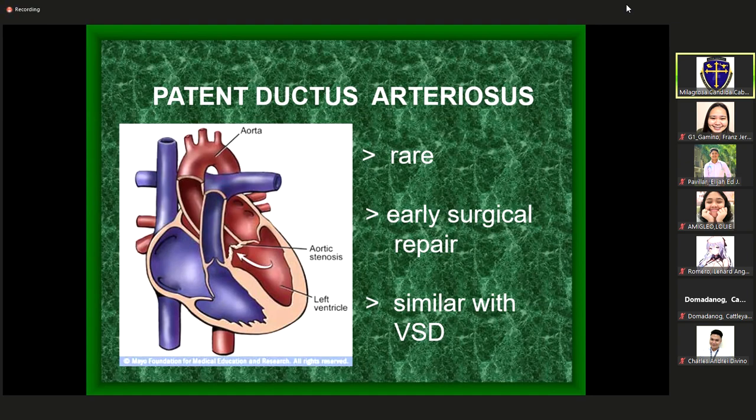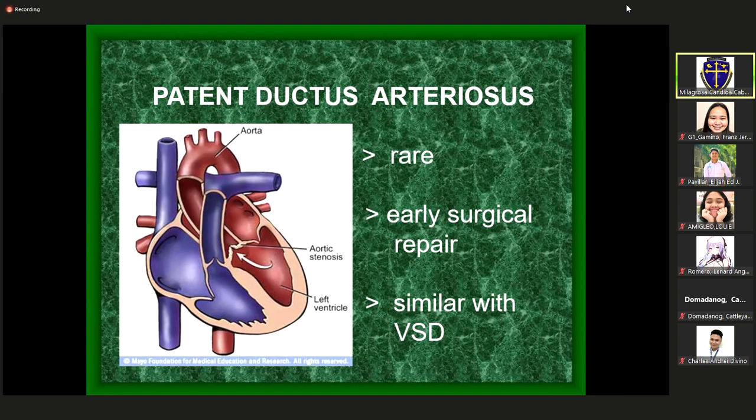But sadly, if the baby, hindi masyado umiyak, so ito po yung nangyayari: patent ductus arteriosus. It remains undetected sometimes kasi konti lang po yung hole niya. Until such time that the mother gets pregnant, wherein there is an increase in the pressure because ang heart nga nagdo-double time siya to sustain the needs of the baby.